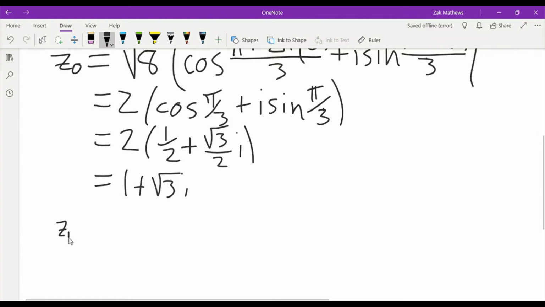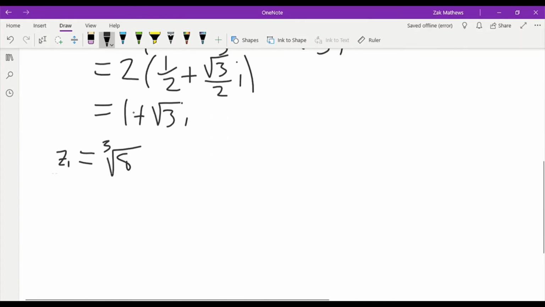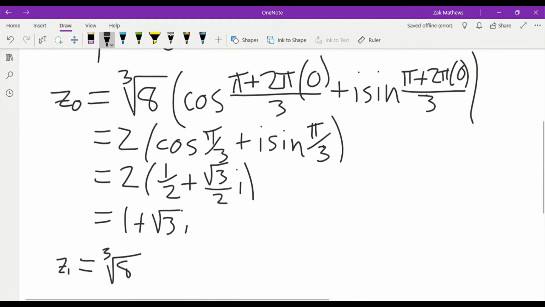Move on to z1, this being the second root. That subscript of 0, we've seen this before where it indicates the initial. So this is like our starting point. This will be our next, this is z1. So we're still going to have the cubed root of 8. That portion does not change. Let's scroll back up to the formula. The only thing that's going to change is the k. The k is becoming a 1. So we're still going to have the cubed root of 8, the same as we had before. We have cosine.